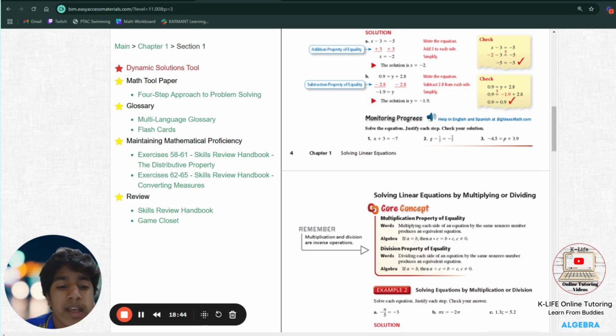If C is equal to 0, that's going to give you an undefined answer. It's like the answer is going to be undef, that's the abbreviation for undefined. You have to always remember you cannot divide by 0.